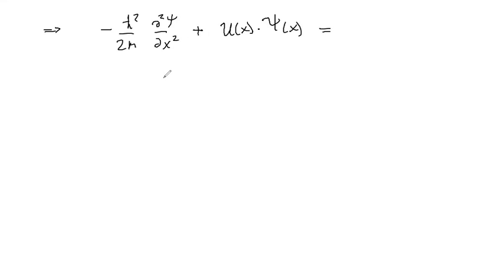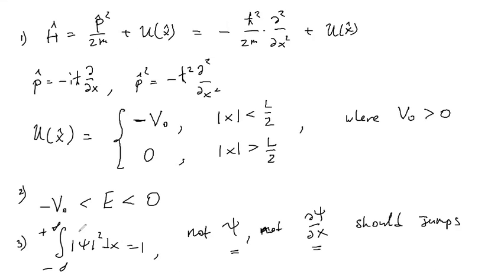So the left side is h acting on psi, and the right side should be the eigenvalue and the same wave function. This is the stationary Schrödinger equation. It's a second order differential equation with additional conditions like this. It should be integrable, it should be continuous, and the derivative should be continuous.